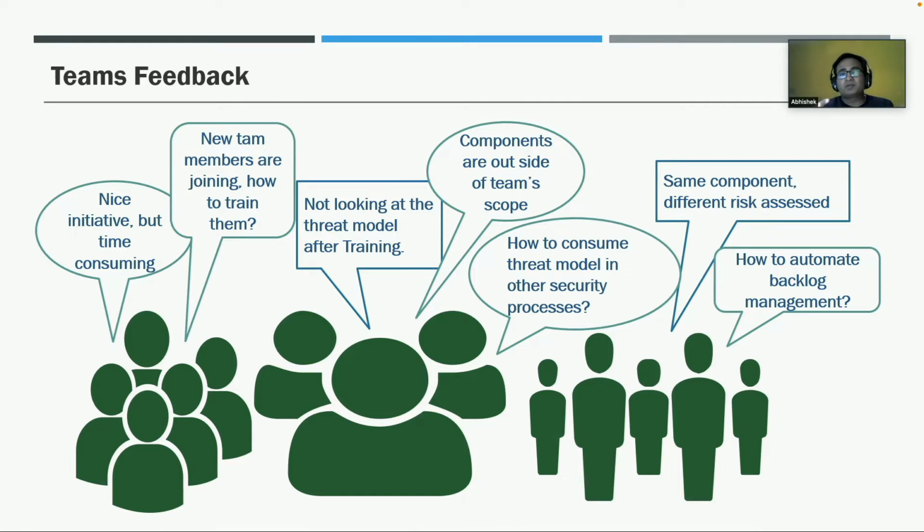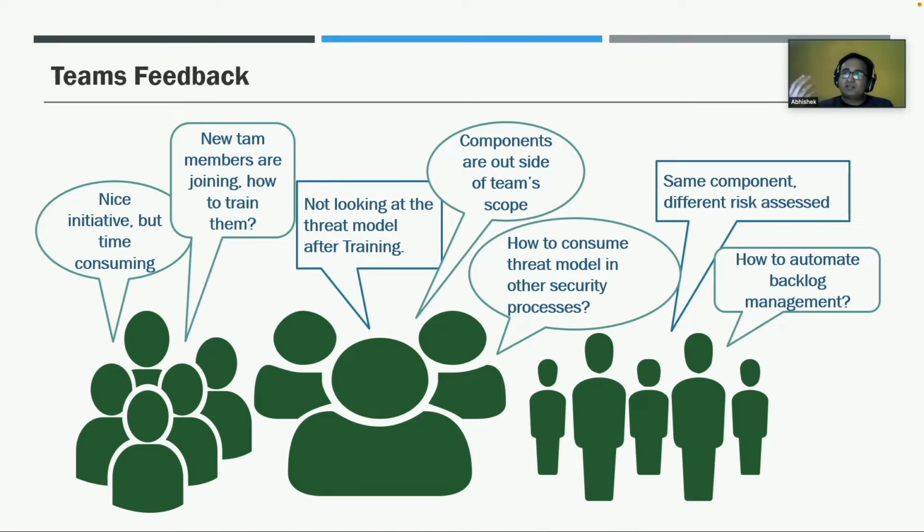Teams are using the same type of components, and according to their understanding or their knowledge gain in the concept, there is a difference in the assessment. And how to automate backlog management? Without automation in DevOps, I think nothing is possible. So yes, we also got this feedback: how can we automate to manage these countermeasures as a backlog so that we can plan them in our sprints?